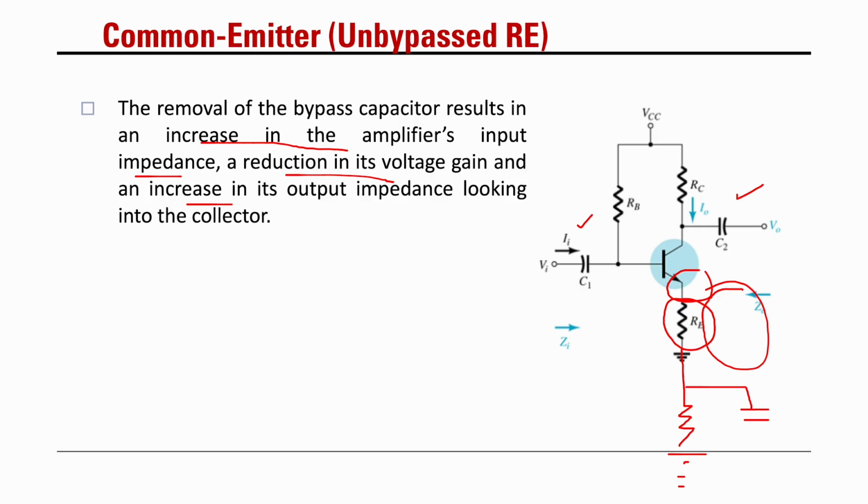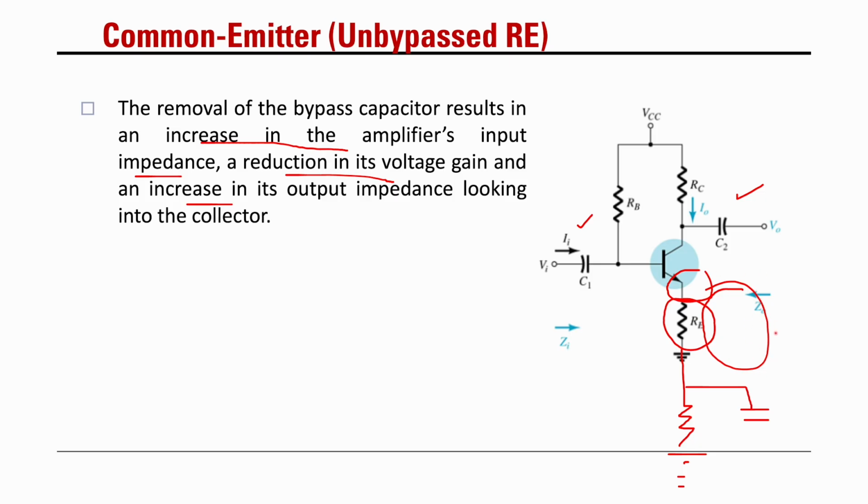So in these questions, what we're going to discuss is the unbypassed RE. If you look here, there is no capacitor located at the emitter side, meaning there is no short circuit.